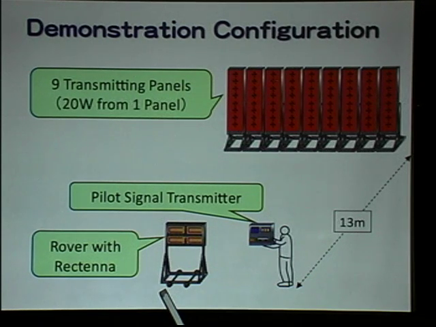And this is the 9 transmitting panels. Each panel can radiate 20 watts, so in total about 80 watts, and the distance is about 30 meters.